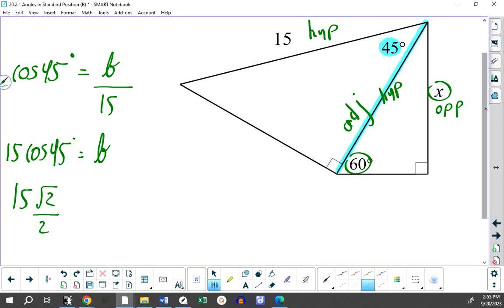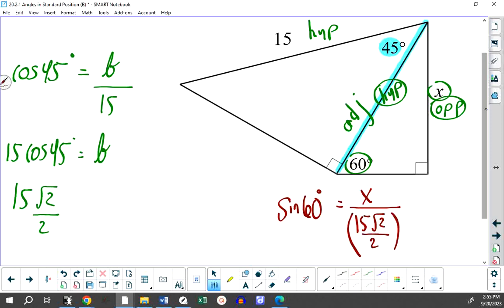So, let's see. We have hypotenuse, opposite. I guess that's going to be sine. So I write sine of 60 equals opposite. Oh, we're finally getting to the answer. Divided by the hypotenuse, which we found is 15 root 2 over 2.